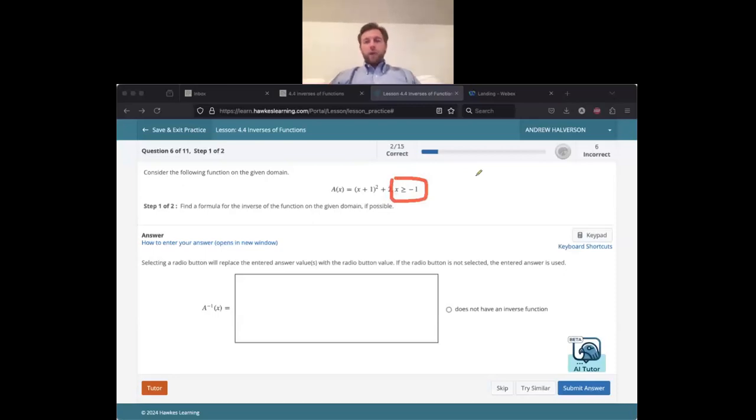This only works for x values that are larger than, or I'm sorry, -1. But that has virtually no bearing on the process for finding the inverse, okay? So for this part of the problem, you would disregard it. It doesn't come in yet, okay?